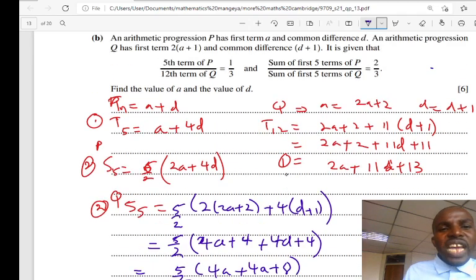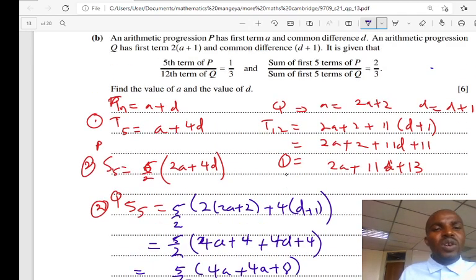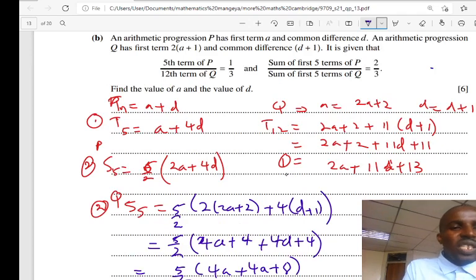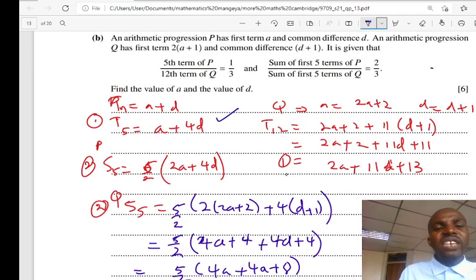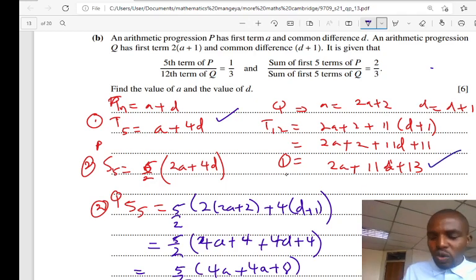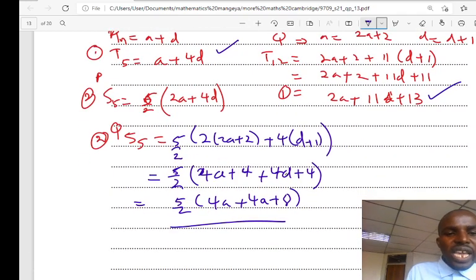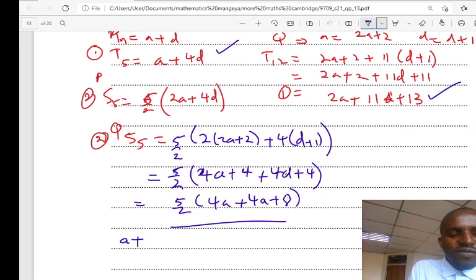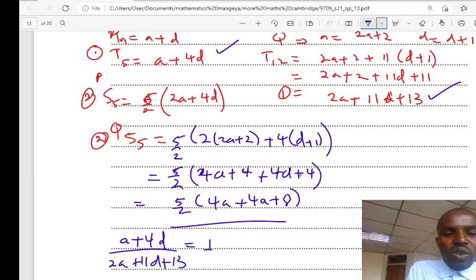Right, now we're given that the 5th term of P, which is this one, over the 12th term of Q, which is this one, is equal to 1/3. So you say A plus 4D over 2A plus 11D plus 13 is equal to 1 over 3.